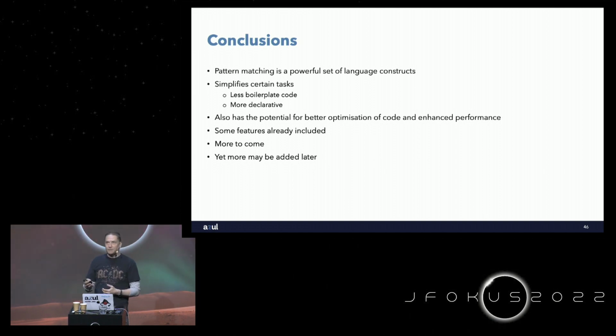It also has the potential for better optimization, enhanced performance, at the compiler level, we might be able to do some interesting things there. Some features are already included. We've seen pattern matching for switch, and we'll see pattern matching for records in the future and things like that. More to come, and we may see even more in the future. So there's some interesting stuff going on there.